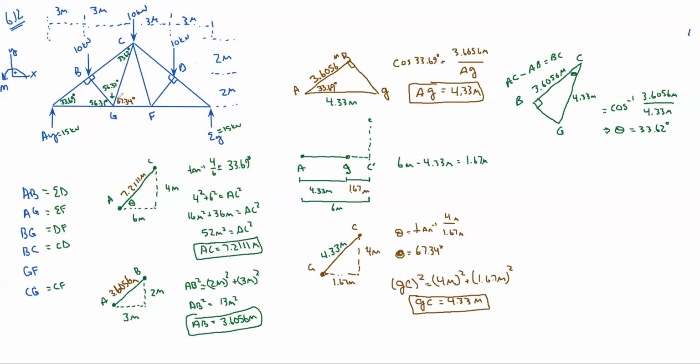And the last thing I have written down on my paper is, for some reason, I needed to know this angle. This one is a little bit weird. Let me get a different color. That's B. That's C. I needed to know this angle right here.